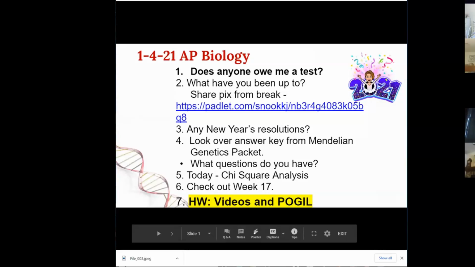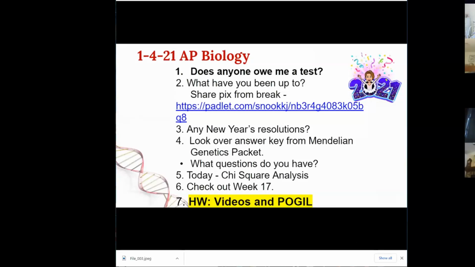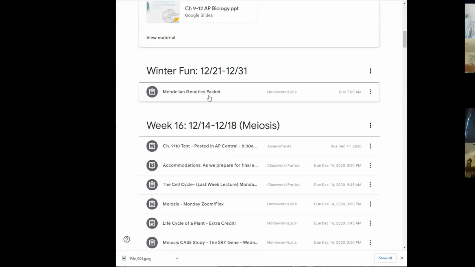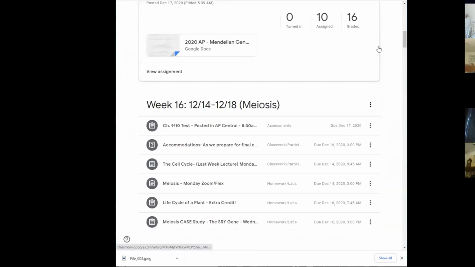Did you get a chance to look over the Mendelian genetics packet? I just posted an answer key this morning, so I want you to maybe take a minute and look yours over. If you turned it in, you got the answer key. I'll double check and see if I need to catch up. Anybody I need? Nope. So I wanted to field questions on that Mendelian genetics.